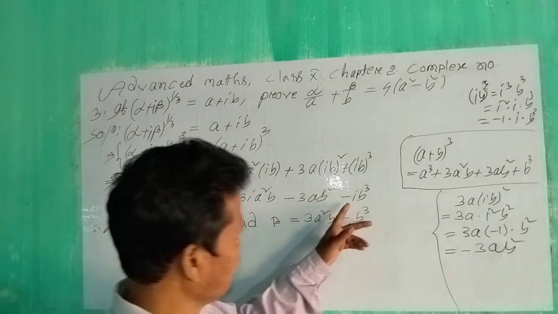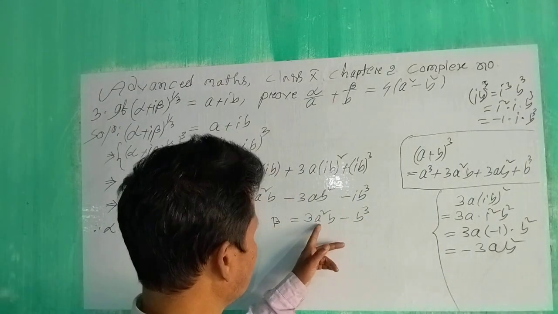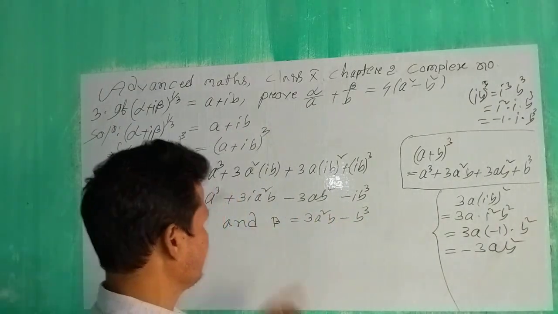Here i cancels on both sides, meaning beta equal to 3a square b minus b cube.